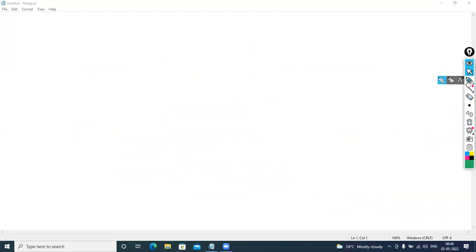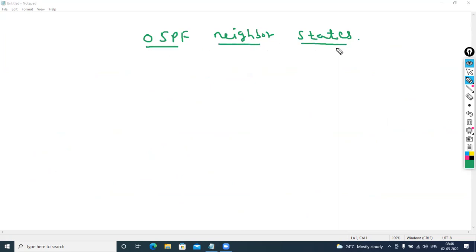Now we'll discuss OSPF neighbor states. There are 8 OSPF neighbor states.